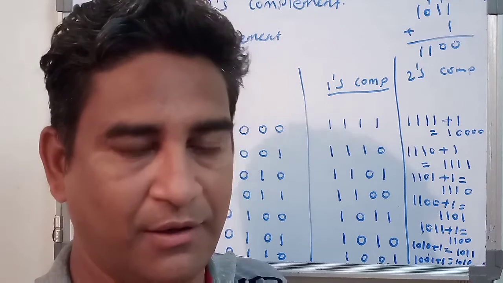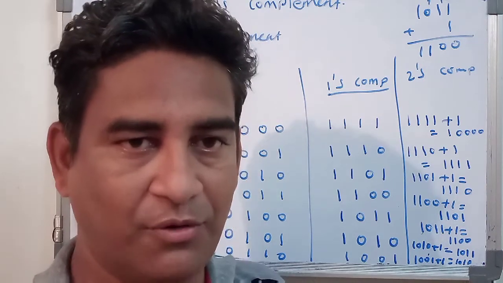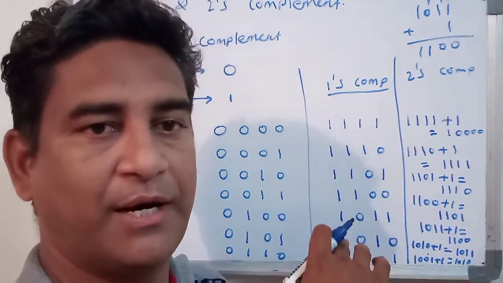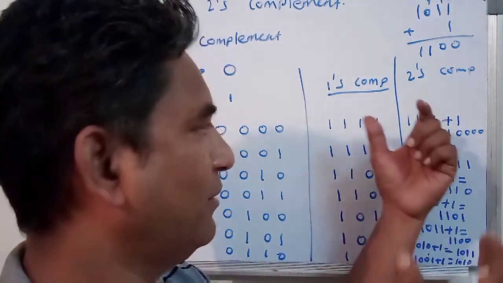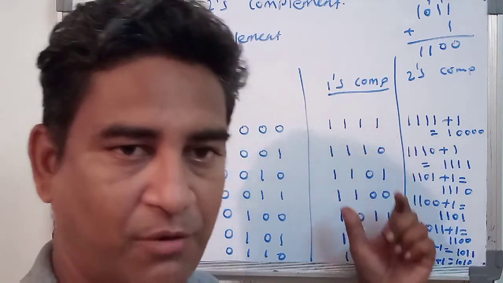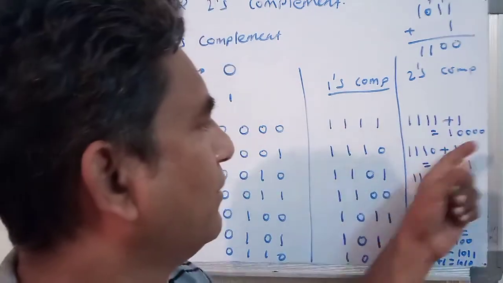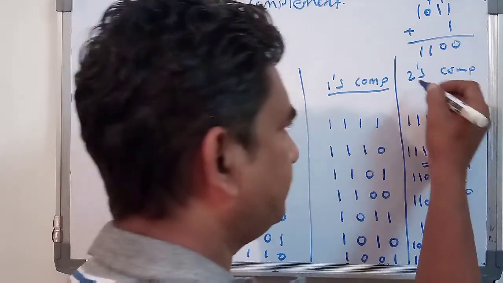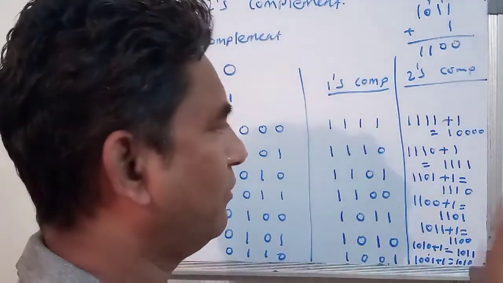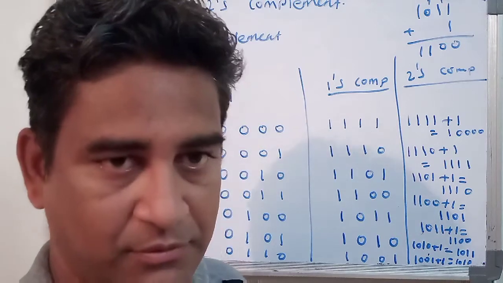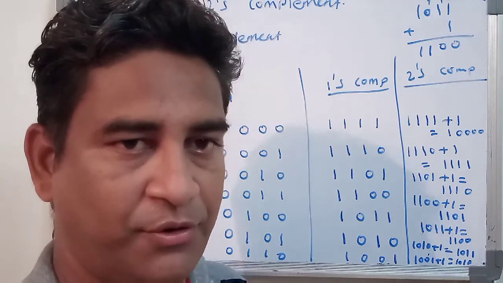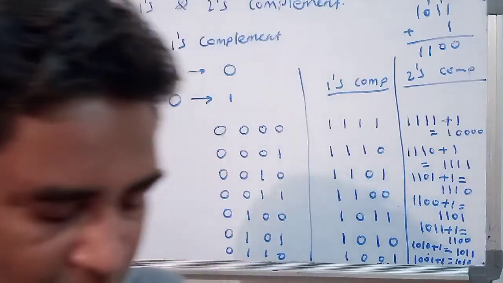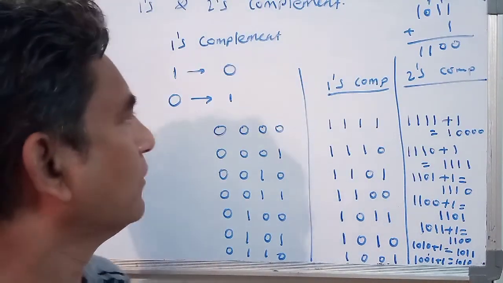From that chart you will be able to understand how the values are taken and how the value is converted to the ones complement and then into the 2's complement. Okay students, thank you.